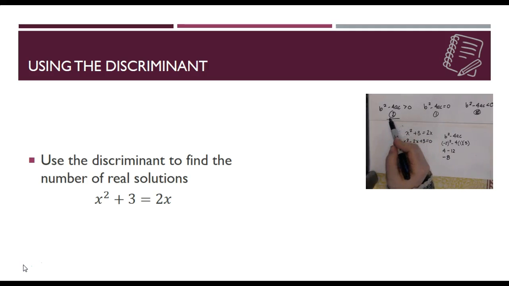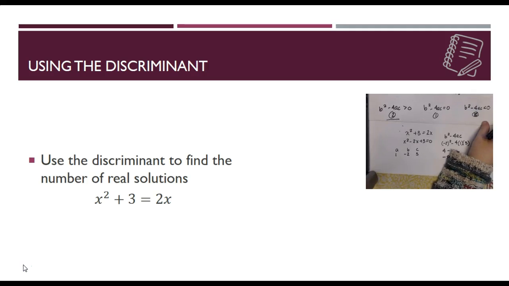So when we look back over this, my discriminant was not positive, it was negative. It was not equal to 0. So it was less than 0, a negative number, which means there are no real solutions for this equation. So if we graphed this, the parabola would sit above the x-axis.